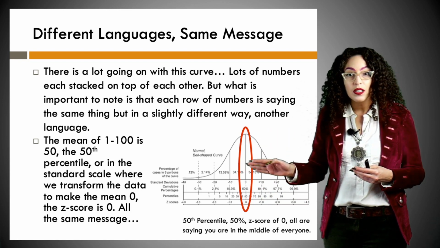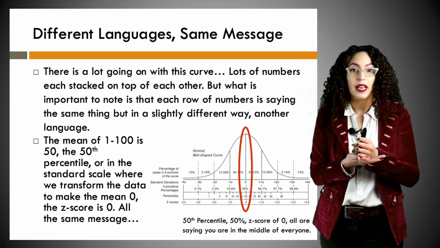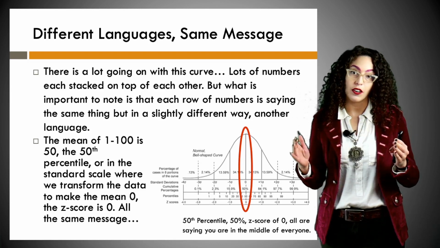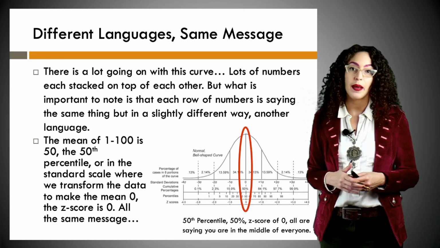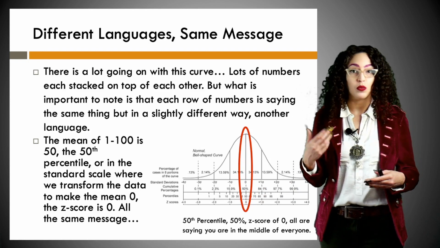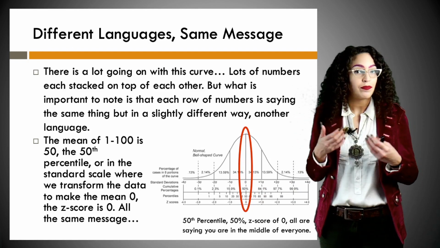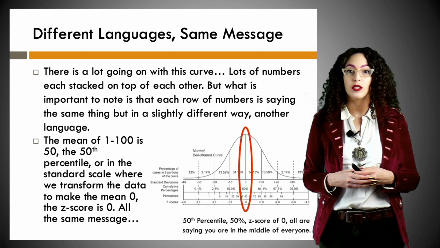This is all the same way of saying dead in the middle. And that is our mean on this curve. Now they all look a little bit different, but again, this is all the same message, just said in a slightly different way. You might be wondering, why would you use one language over another? It depends on what you're trying to communicate, or what kind of statistics you're trying to run.